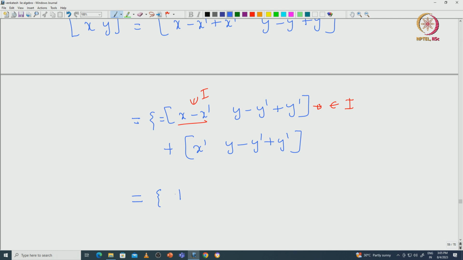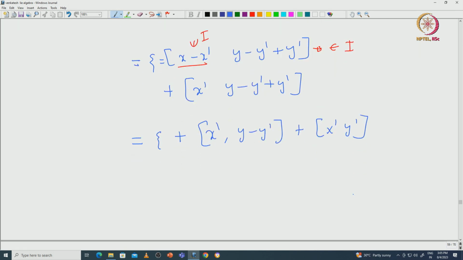So this is xi plus [x', y minus y'] plus [x', y']. Since y' is in I, this entire element is in I. So this is some psi', which is also in I.